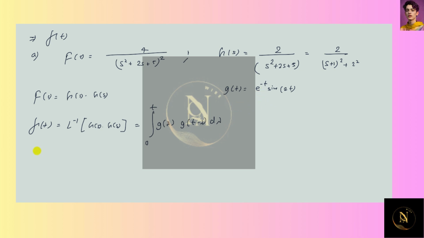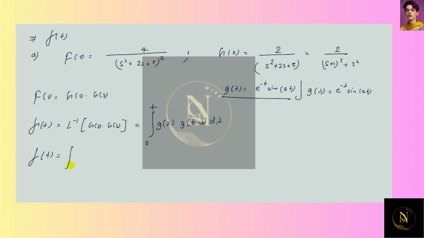So here we can write f(t) is equal to the integral of g(lambda), where g(lambda) is equal to e to the power minus lambda and sine 2 lambda.